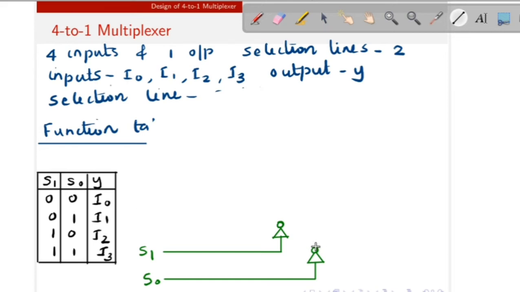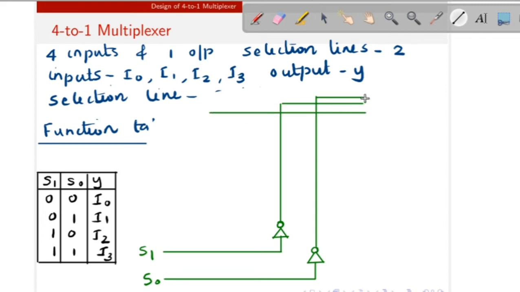Then the input is I0. This is one input of the AND gate, then S1 is the input of the AND gate, and the next input is I0.